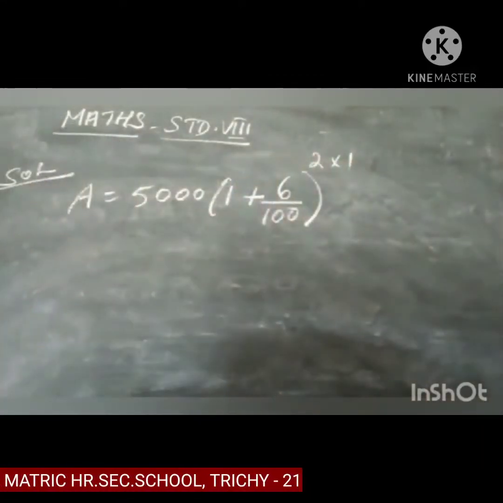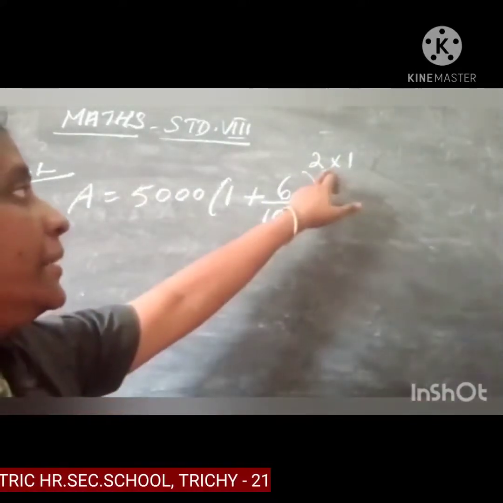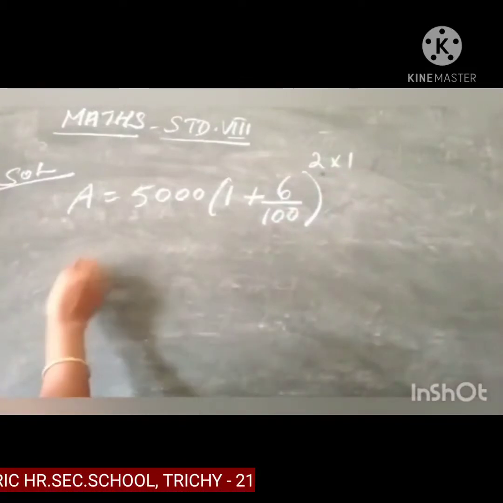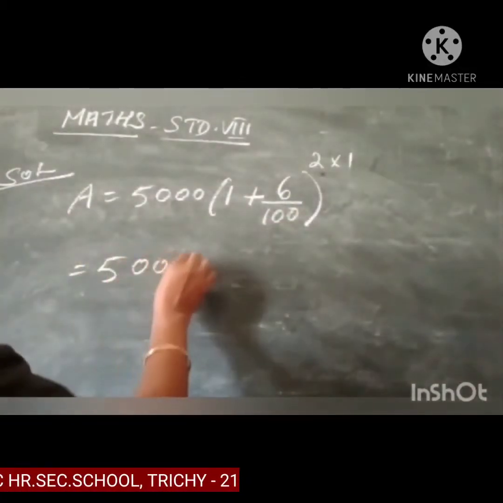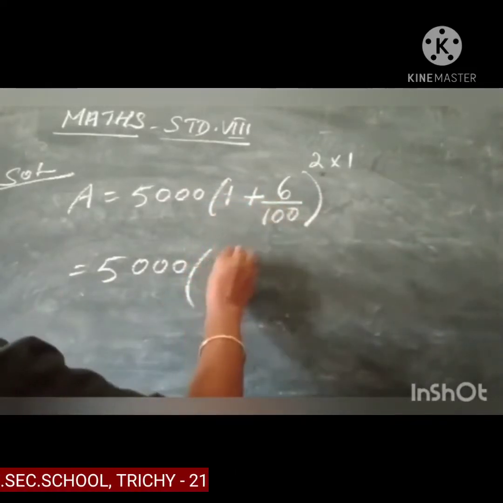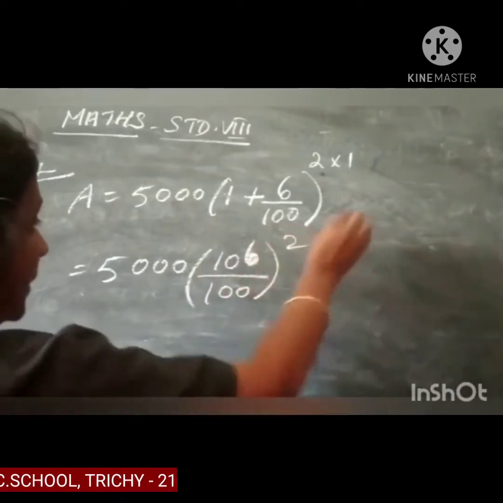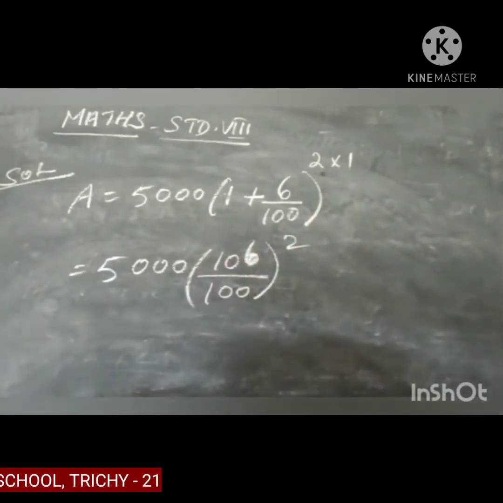Instead of n we put the value 1. Taking the LCM, 100 plus 6 is 106 divided by 100, the whole power 2.